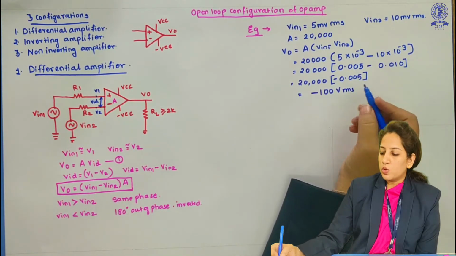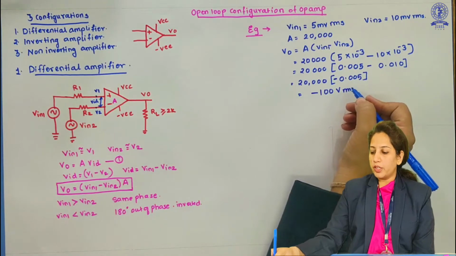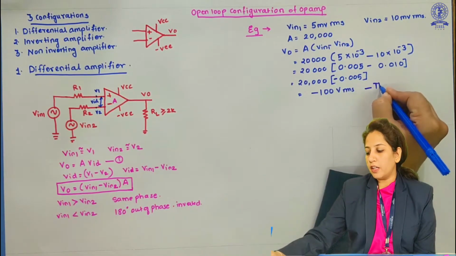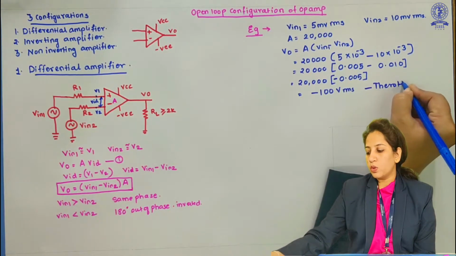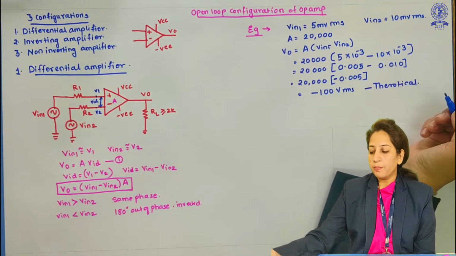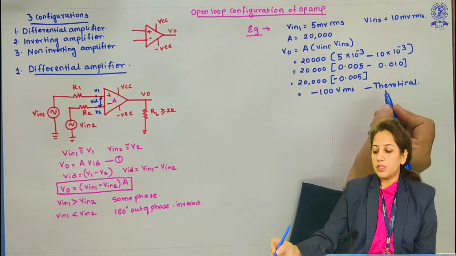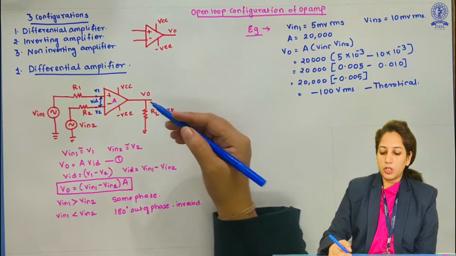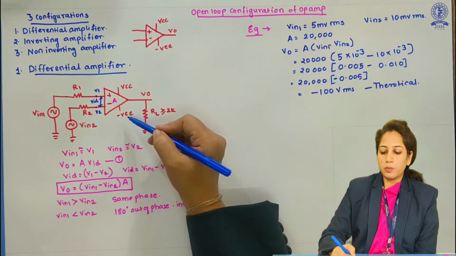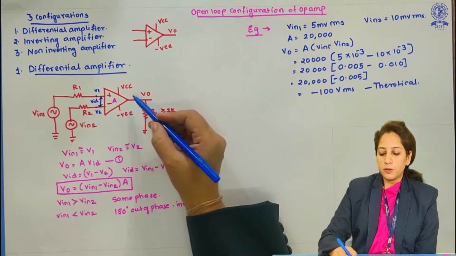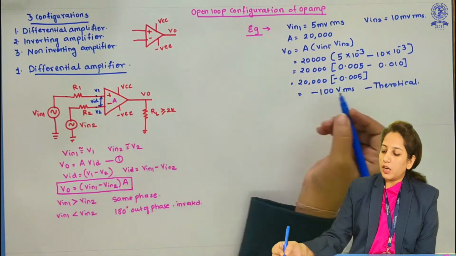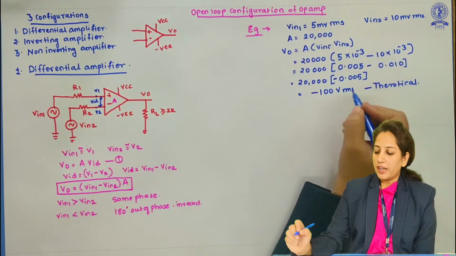Okay, AC. So 100 volt is a very huge voltage, and this is only a theoretical value. This is not a practical value, because the op-amp will not give this much high voltage. Its saturation voltage is only about, suppose I consider here, 14 volts or 15 volts, then it will saturate. So here 100 volt is a theoretical value.